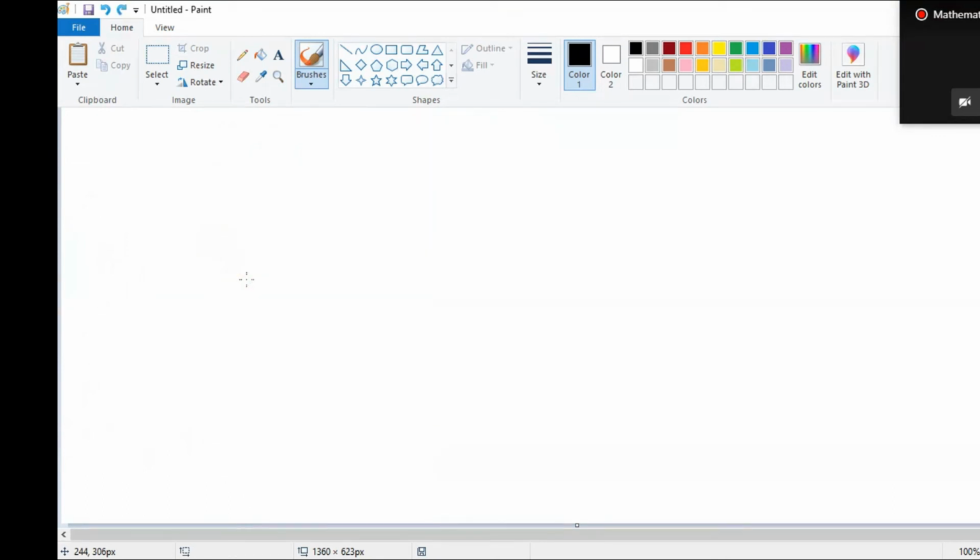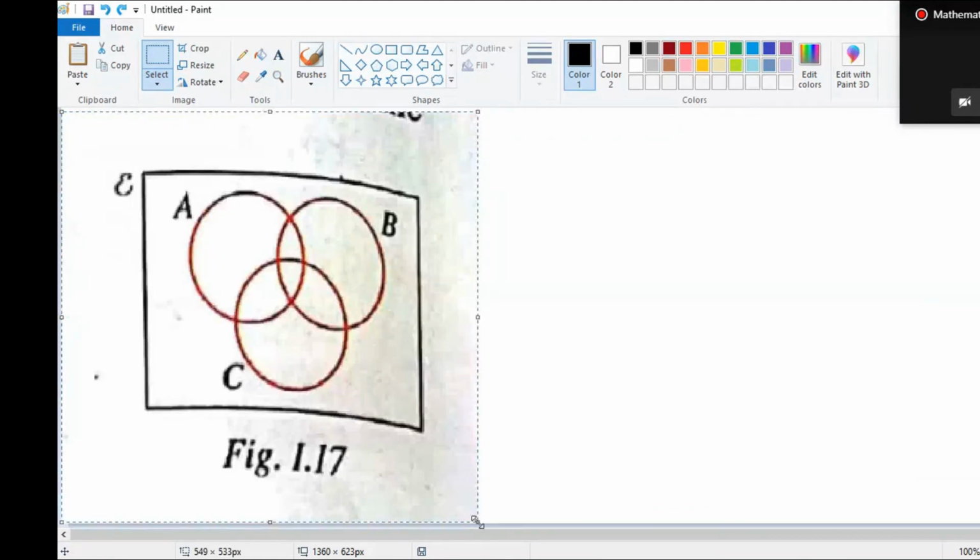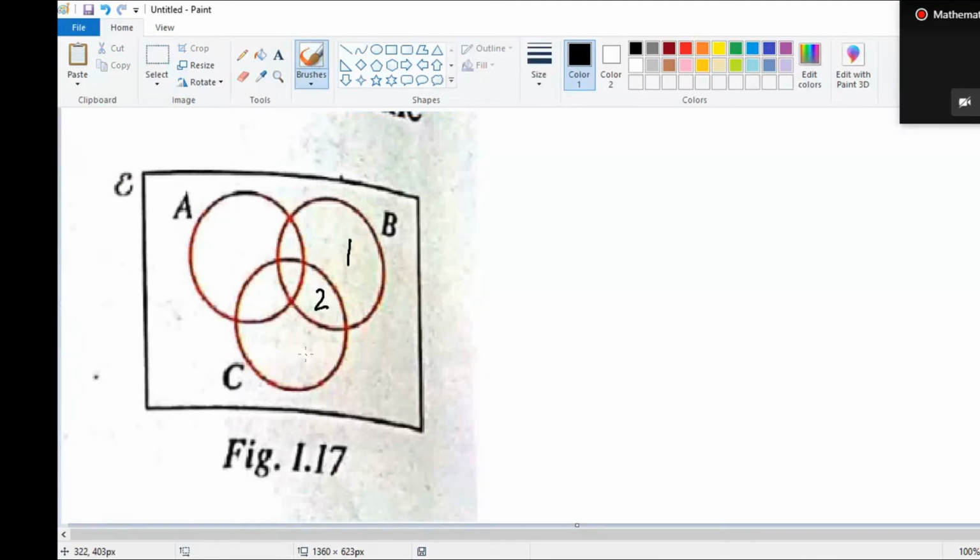What you need to do is look at it. If you are starting number one from here, and then you write two, three, four, five, six, seven, and eight, what do you need to do in every figure? You will be writing the data in a different way, like this.